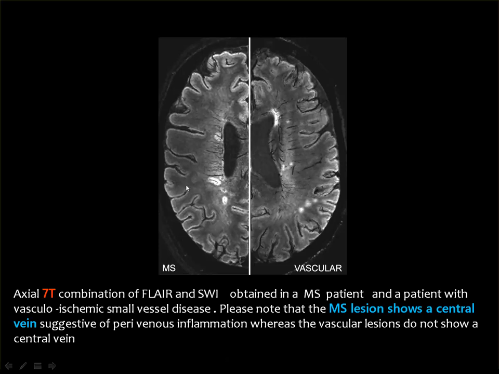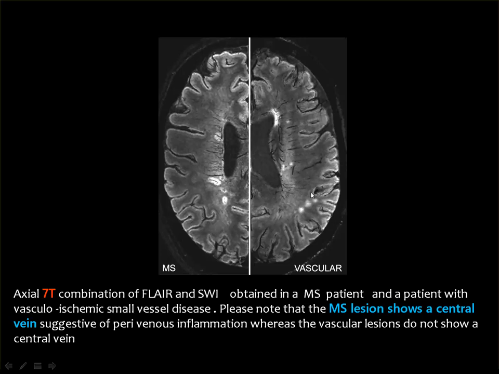Let's look at the susceptibility weighted image and see the difference between the MS plaques and the ischemic foci. Ischemic foci have no relation to the venules, and they are a little bit far away from the ventricular wall.